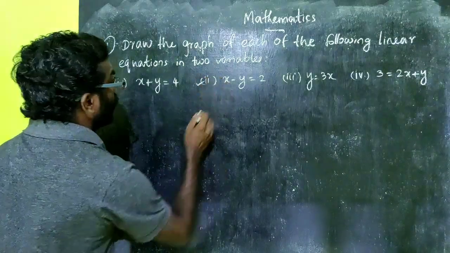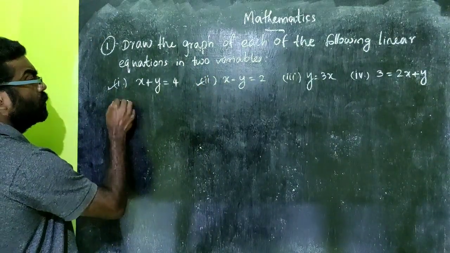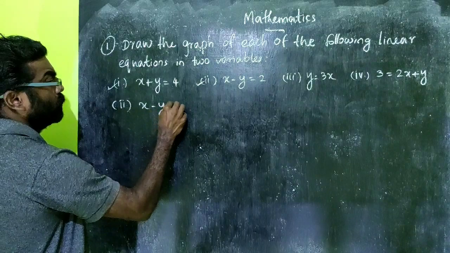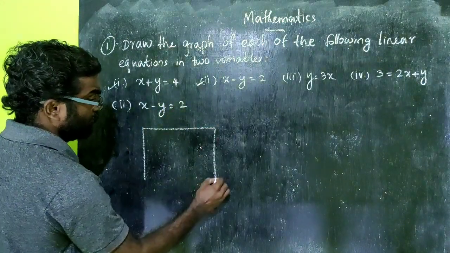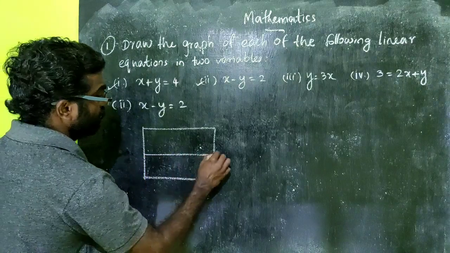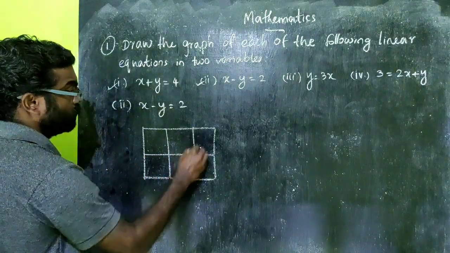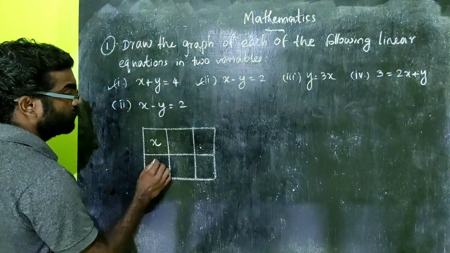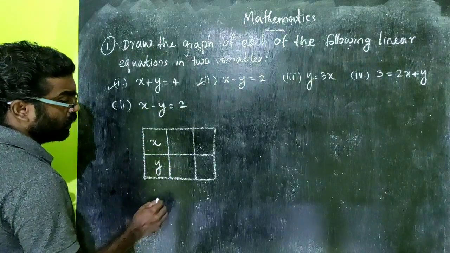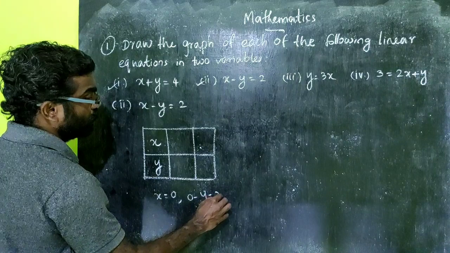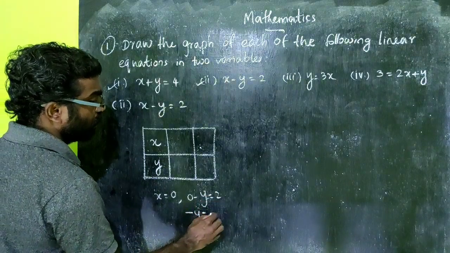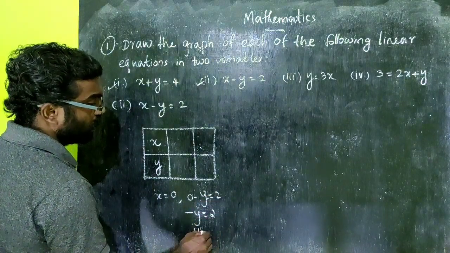Now consider the second one, x minus y is equal to 2. Here also we can find two solutions. When x equal to 0, 0 minus y is equal to 2, which implies minus y equal to 2 and y equal to minus 2.